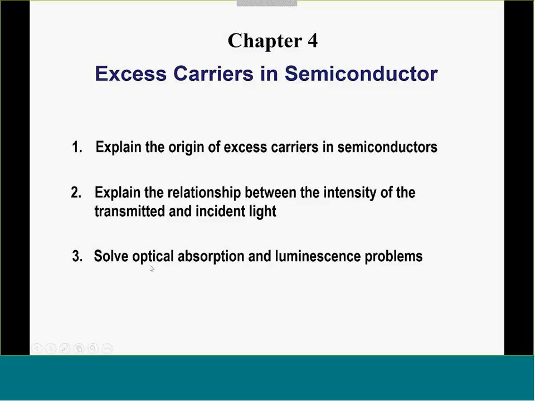By knowing this relationship, you are able to calculate how much of the light has been absorbed, and also how many photons are going to be given out, that's going to give you this luminescence.